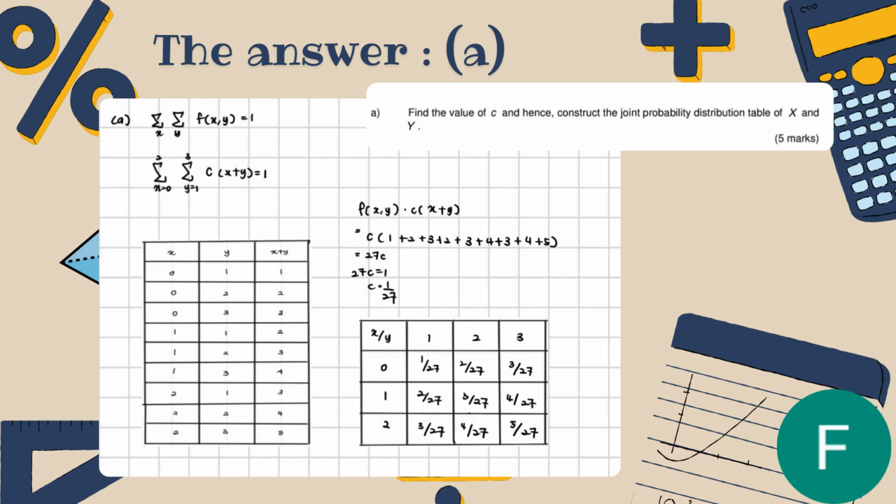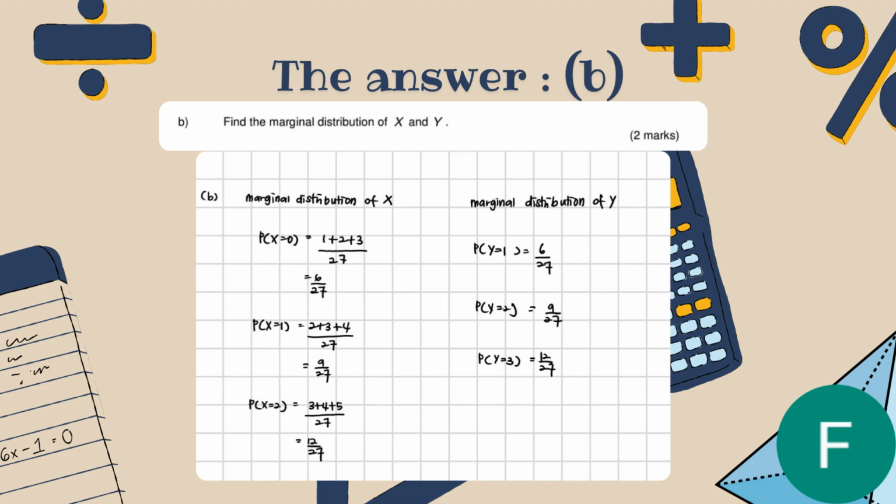For question B, they ask us to find the marginal distribution of x and y. To find them, I add the probabilities across y for the marginal distribution of x. Probability of x equals 0 is 6 over 27. Probability of x equals 1 is 9 over 27.